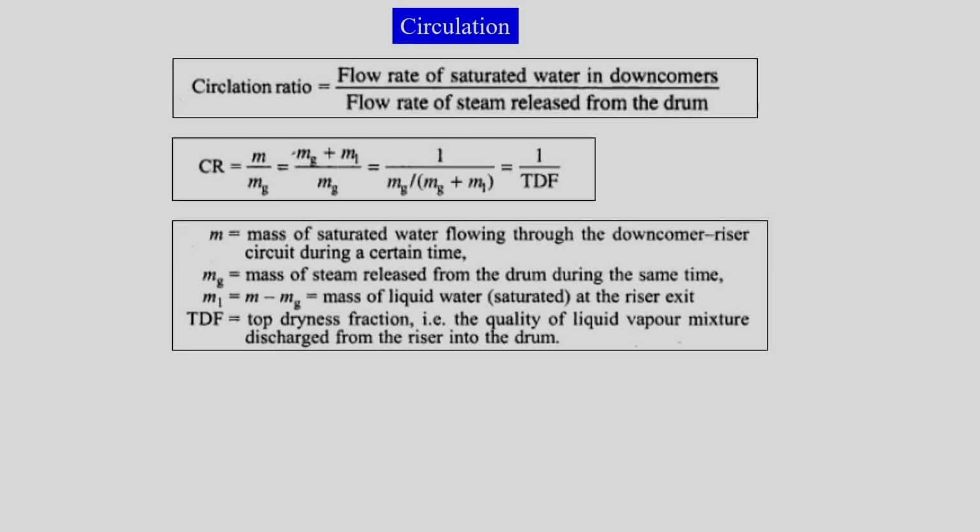We can again represent this in terms of masses. From the downcomer we get the total mass, which is the mass of liquid plus mass of steam, divided by mass of steam. If we rearrange the term, we get it in terms of TDF, called the top dryness fraction, or the dryness fraction of the water at the exit of the riser.